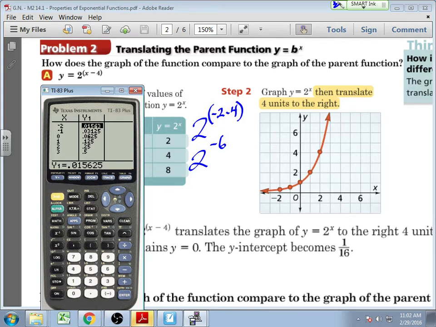It's really 1 over, because the negative exponent tells me to take it to the denominator. So it's really 1 over 2 to the 6th. Those values are kind of hard to work with, very, very small.